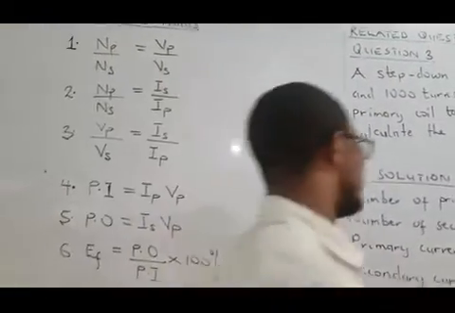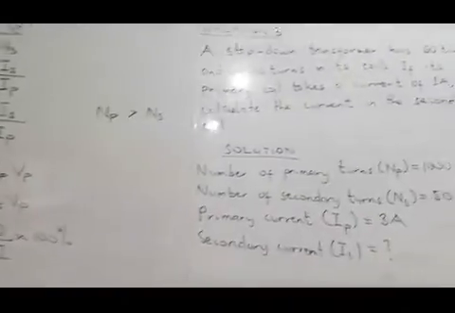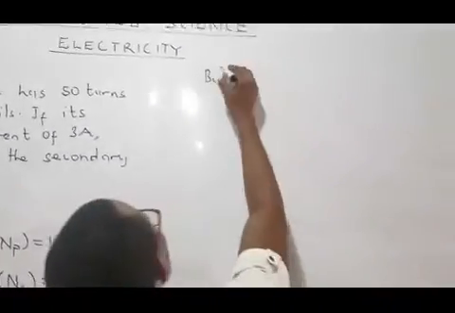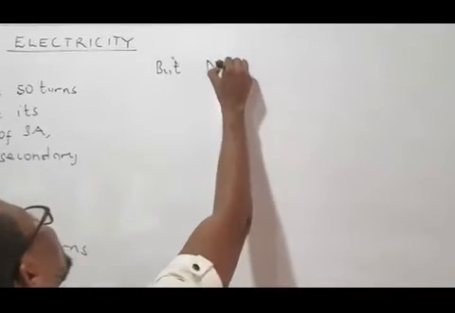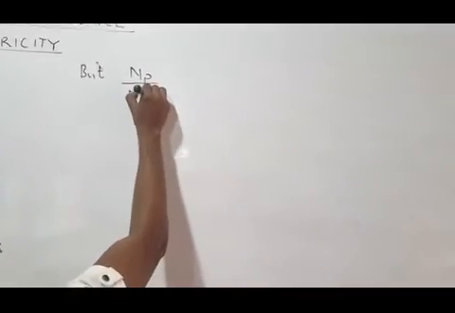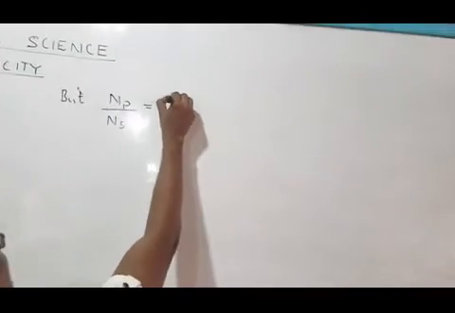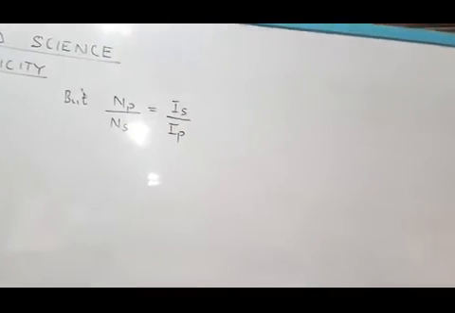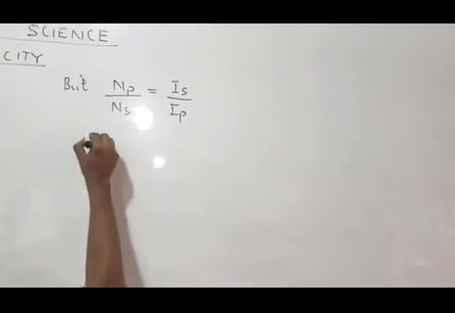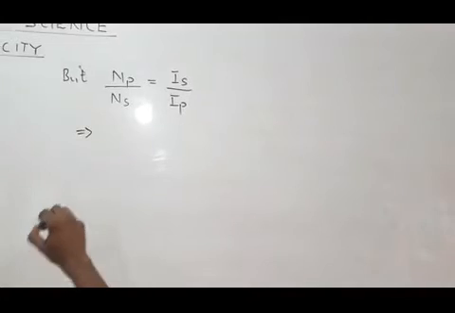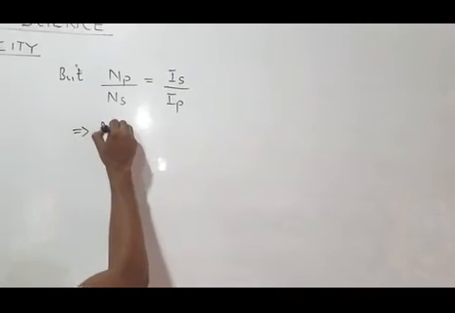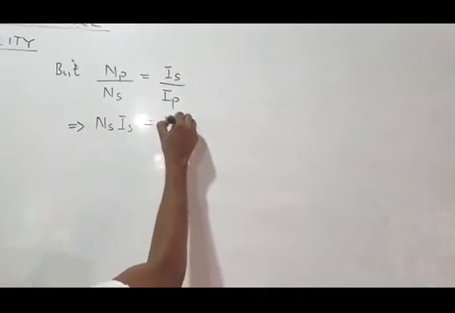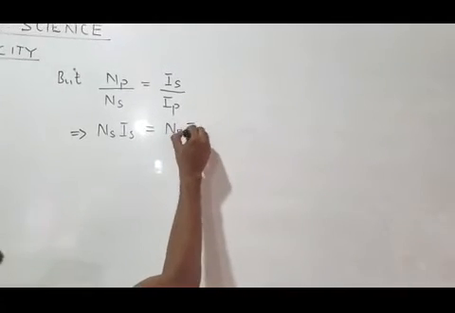So from equation 2, NP over NS is equal to IS over IP. We cross multiply: NS IS is equal to NP IP.